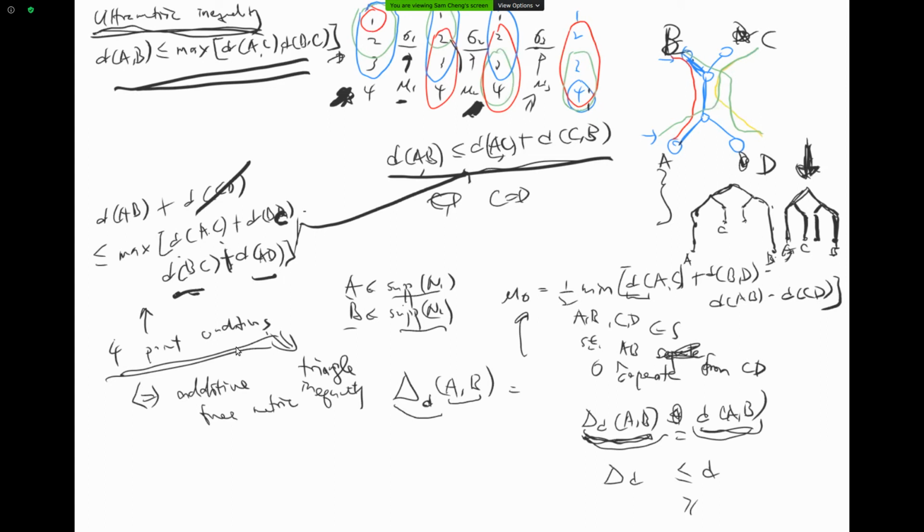Let me just write down the theorem again. The theorem says that delta D is equal to D if and only if D satisfies the 4-point condition.